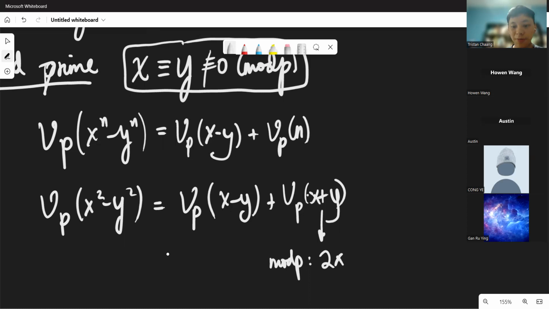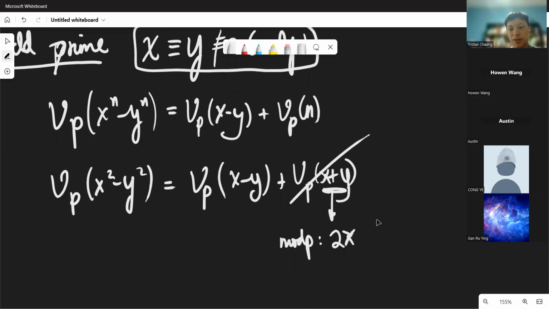They are congruent mod p. So x plus y is 2x. But is 2x a multiple of p? No, because p is prime and x is not a multiple of p. So this term here, x plus y, is not a multiple of p at all. So this is 0, right? This is 0.